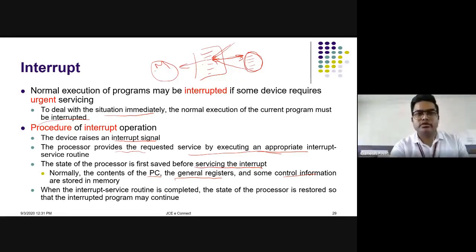It stores that I was here and the content of some registers was this, because the routine may use the processor again, such as R0, and that should not be overwritten. Once it is done, it comes back, already knowing where it was, and starts executing again from there. Understood? That is basically an interrupt.